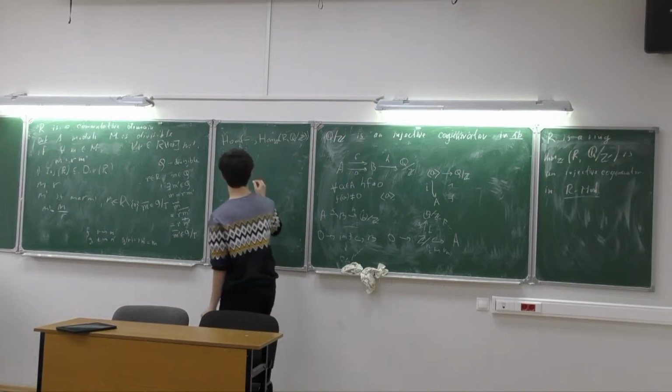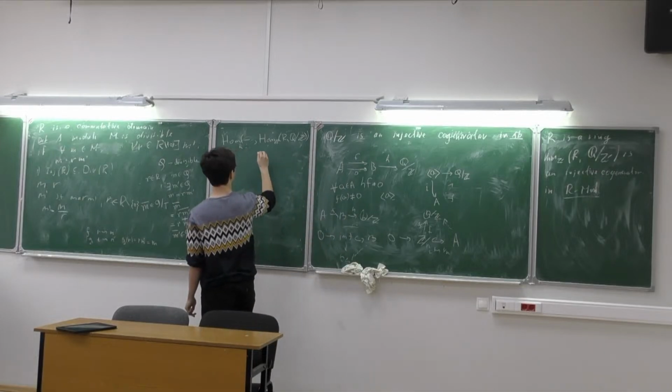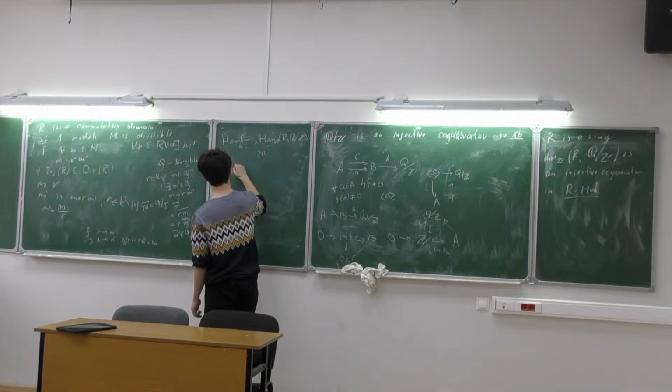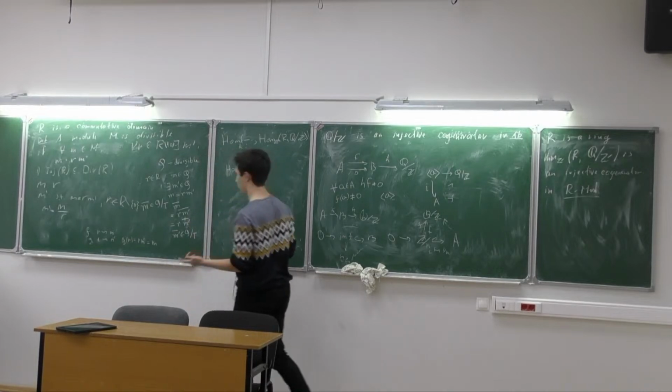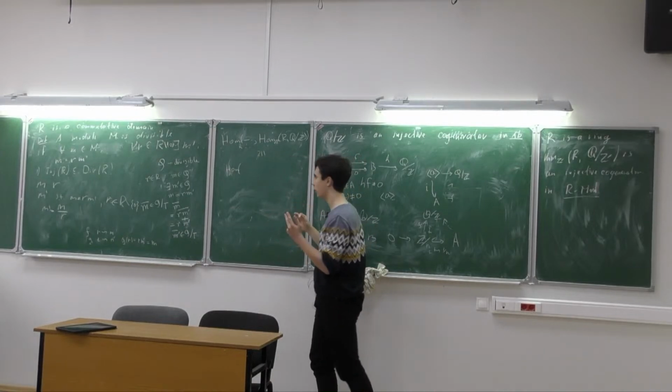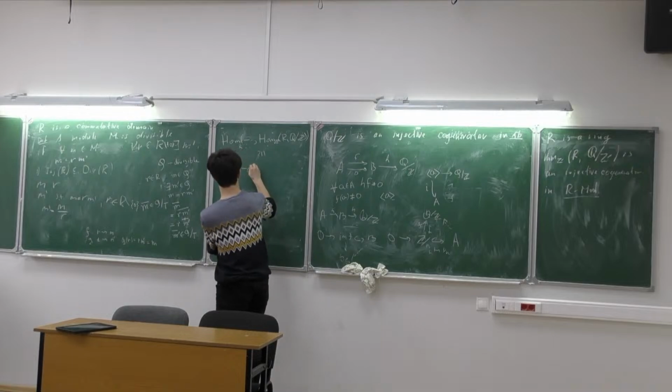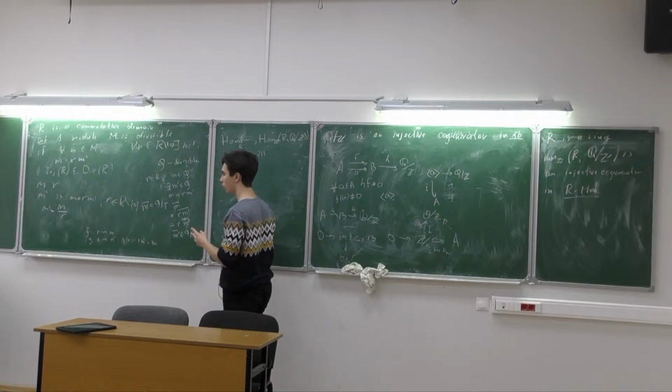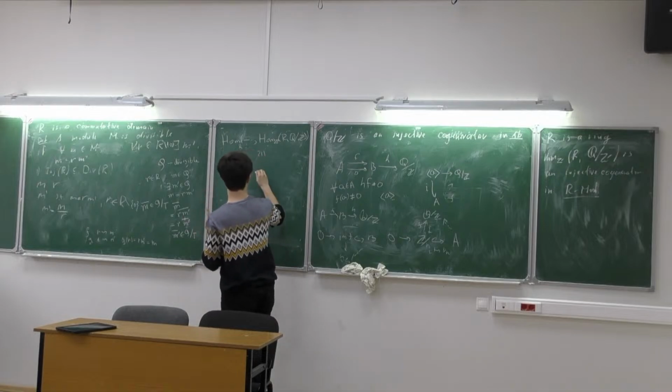Okay, and we can rewrite it in this way because Hom is right adjoint to tensor product. Again, it will be a good idea to write Hom over what? Okay, I will do it, but after a second.